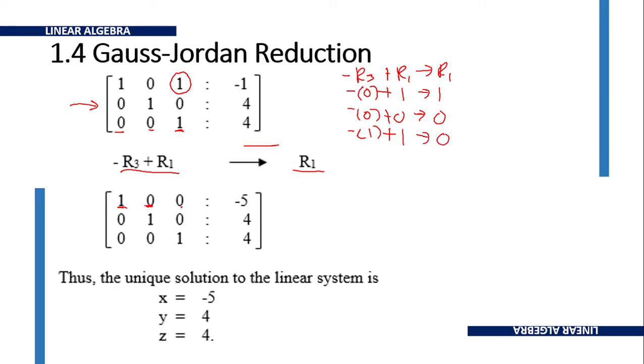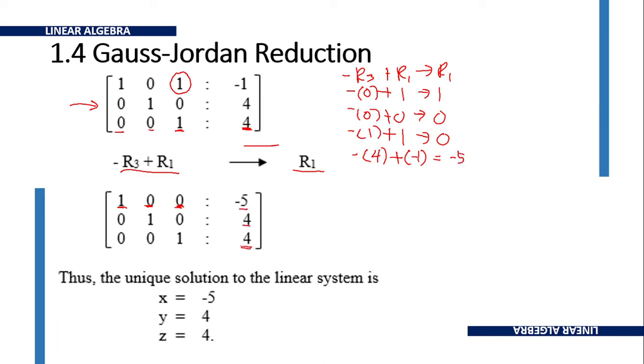So naging 0 na. Okay? Then yung last part, so we have negative times R3, ayan, yung 4 natin, plus, dito pala. So negative R3, so ang R3 natin is 4, plus negative 1, so we have negative 4 plus negative 1 is negative 5. So we have negative 5.